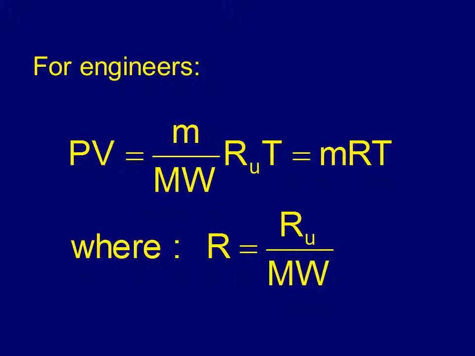For instance, O2, oxygen, is approximately 32, N2 is 28, water, H2O, is 18. I'm not going to remember as many values of R, where it's Ru divided by the molecular weight. That just doesn't stick in my head. But you can use it either way. Just be careful, watch your units, and your calculation should come out okay.